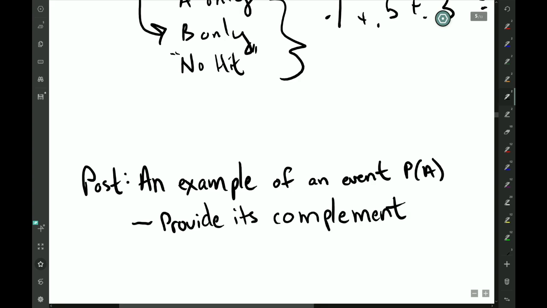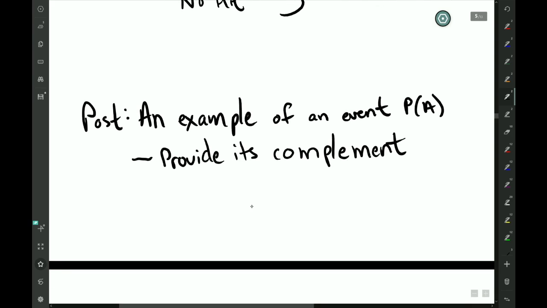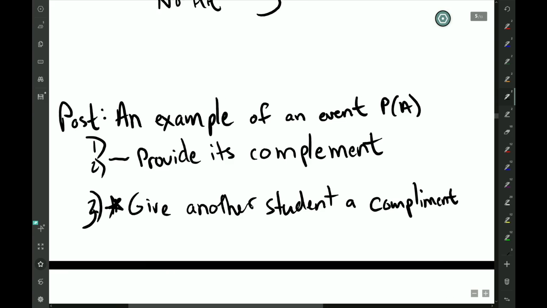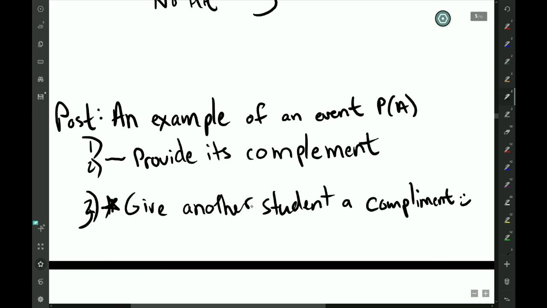And just so you're not confused, I also want you to give another student a complement, such as nice hair, nice shoes, something like that.